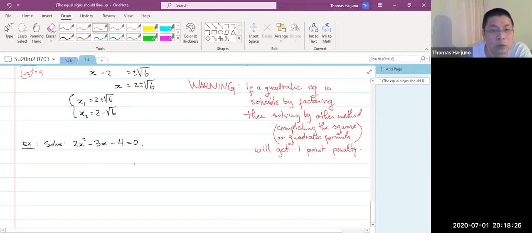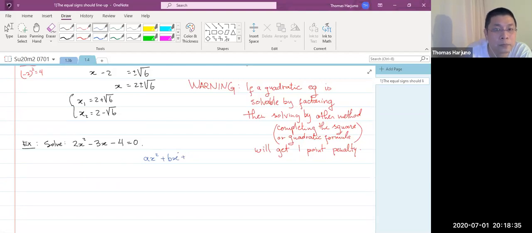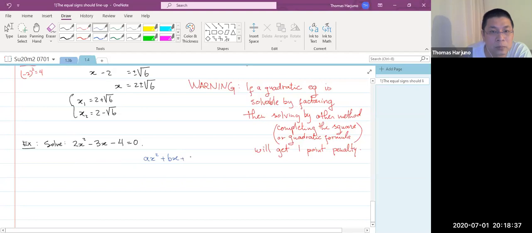Quadratic formula, just to remind us, if we have ax squared plus bx plus c equals 0, then x1, 2 will be given by negative b plus minus the square root of the discriminant, b squared minus 4ac, over 2a.